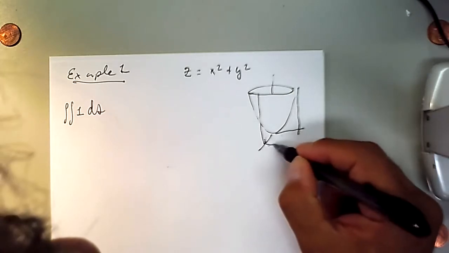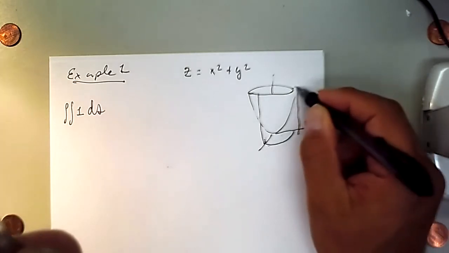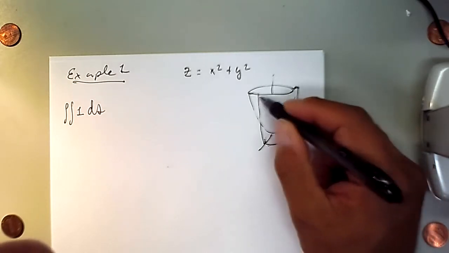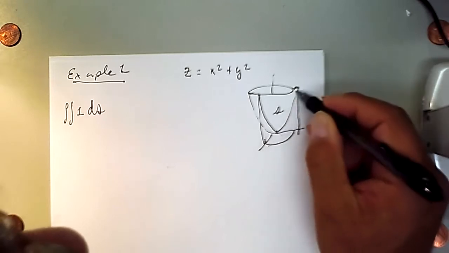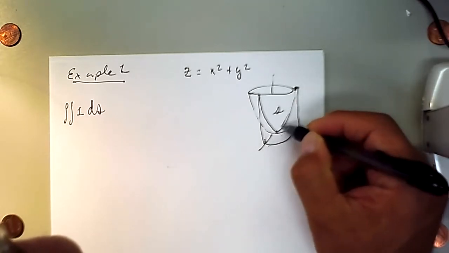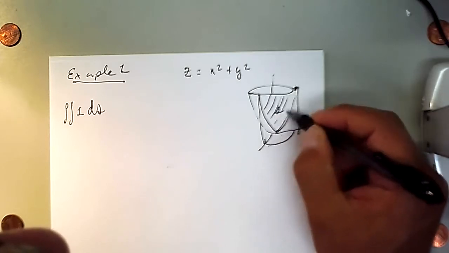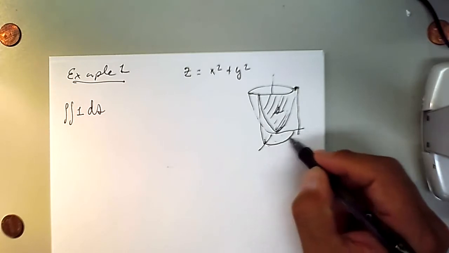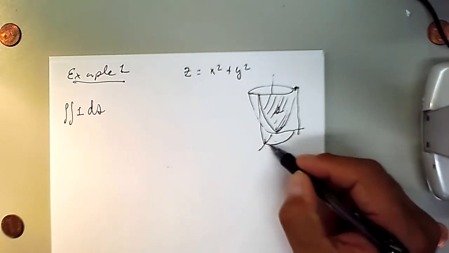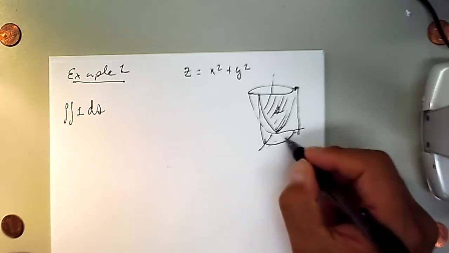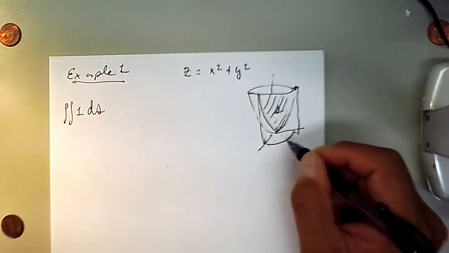And so this is going to project down on the floor to a circle. We're going to integrate over this surface, and the surface will be just this portion of the paraboloid, only a quarter of it, because that is taken over the quarter of a circle.